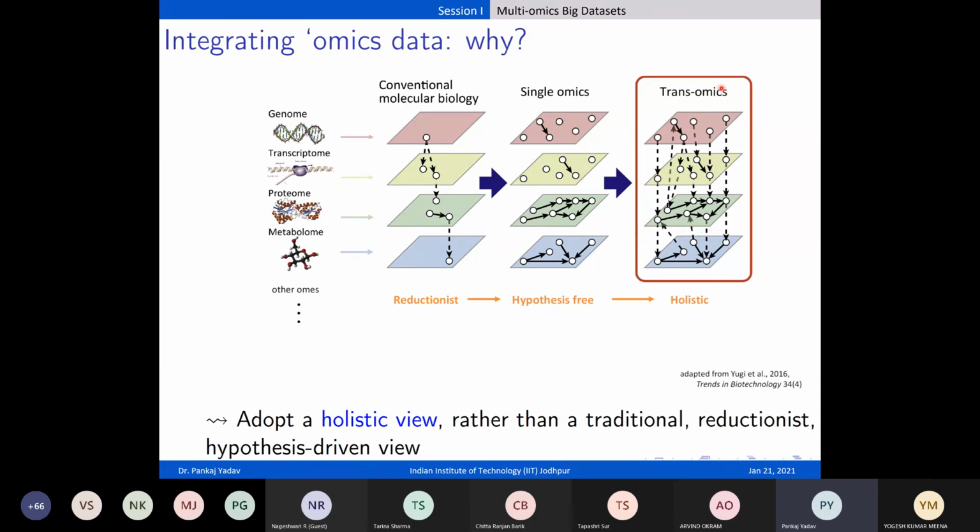But now in this multi-omics or trans-omics discipline, people are looking not only within a layer, but across the layers. So this is basically the idea. You need to have a holistic view of solving these problems nowadays, right? This is what this slide is showing.